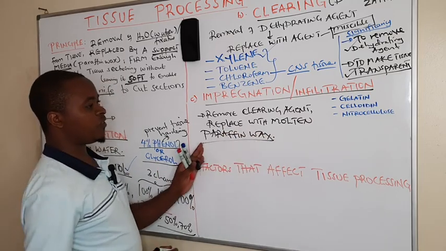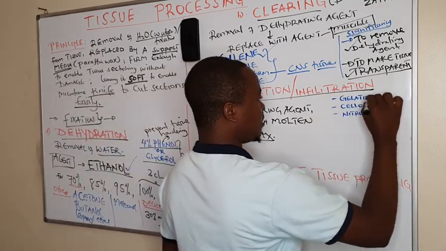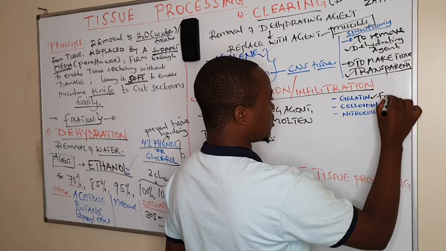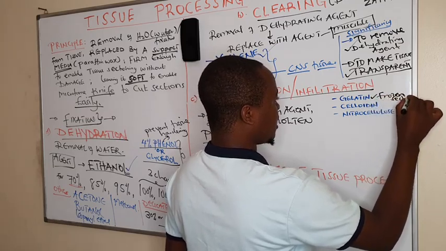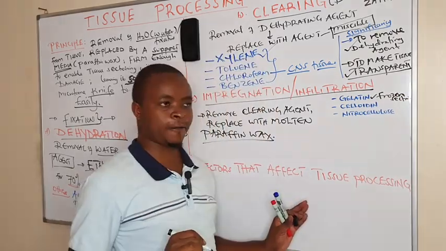But apart from paraffin wax, we can also use gelatin. Gelatin is normally for frozen sections. If you have frozen sections, then gelatin is the best impregnating media.